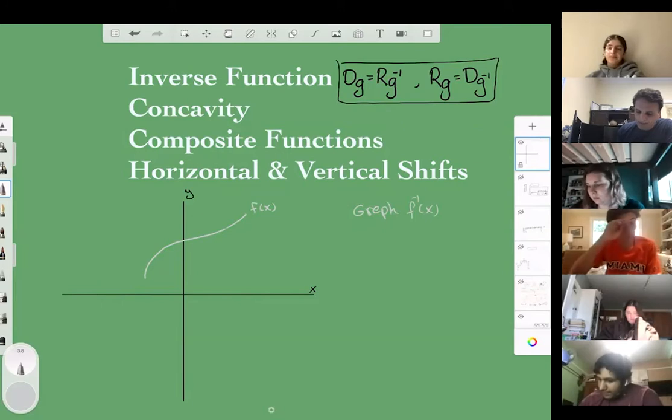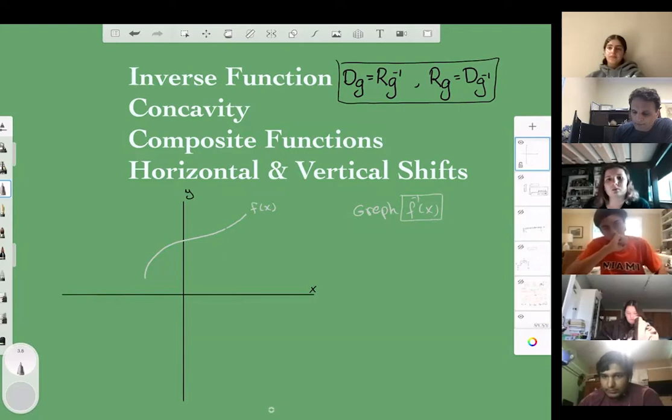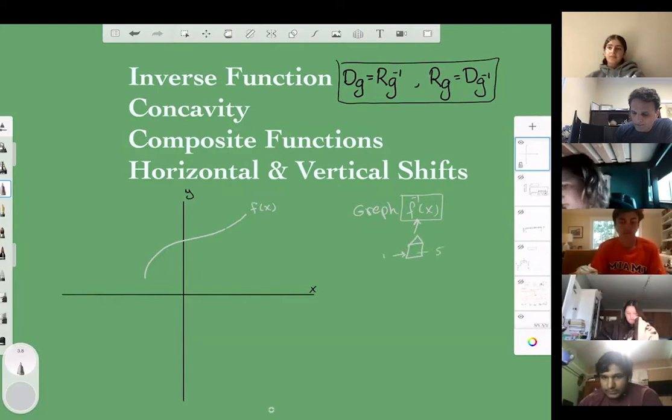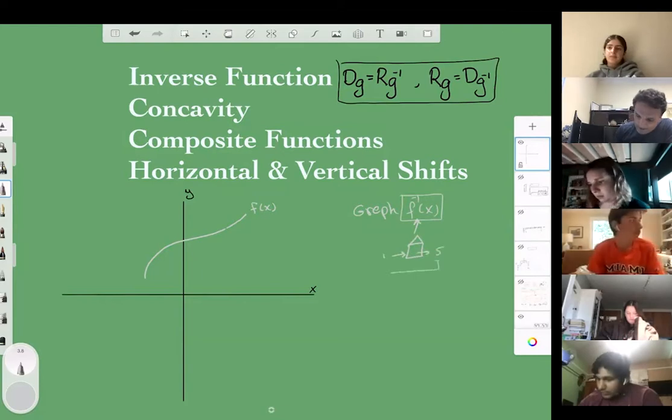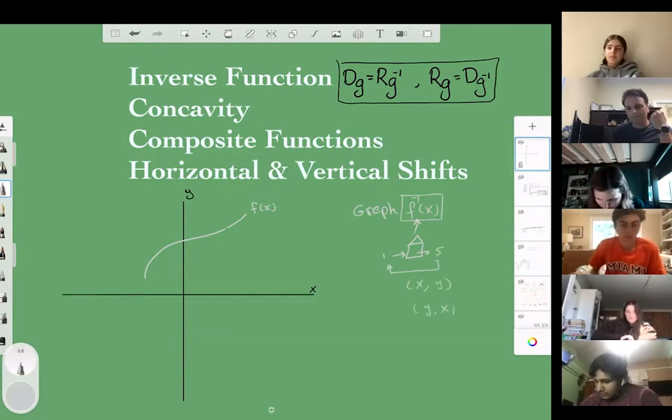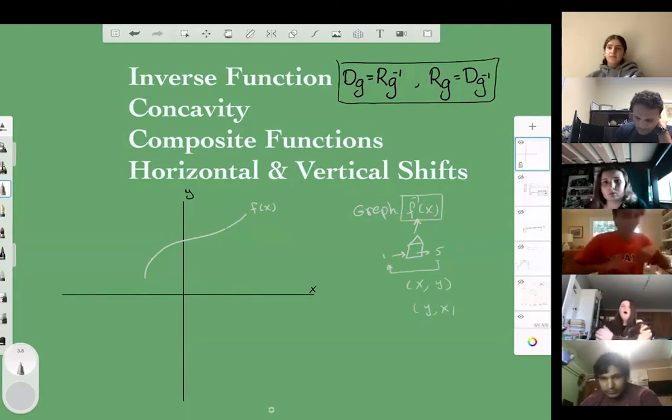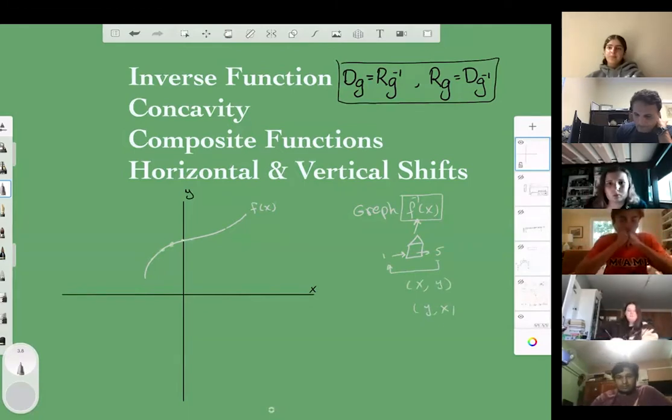So they ask us for the inverse. The definition of inverse was, if this is a factory, if 1 goes to 5, the inverse is going to be the other direction, correct? That means if you have X goes to Y, the inverse will be Y and X. We switch X and Y. So if we pick a point here, same as the previous example, we had X and Y, we switch them.